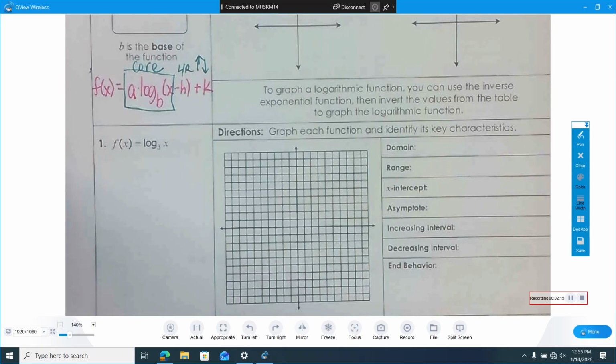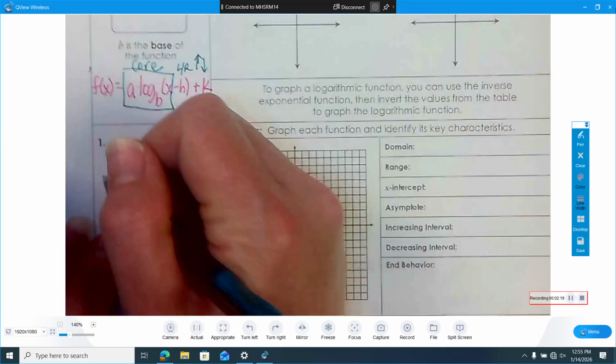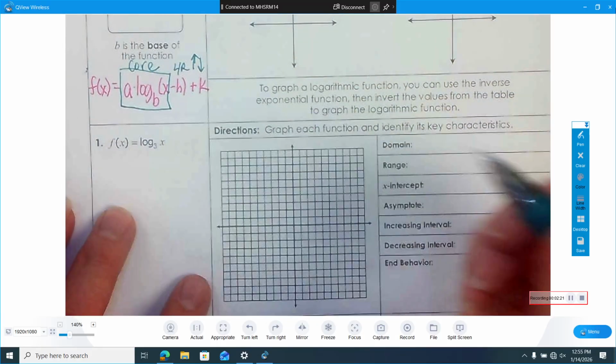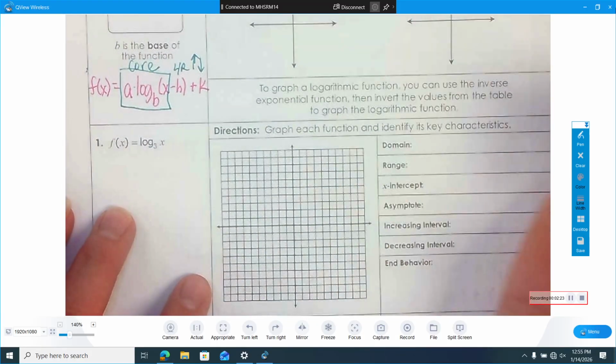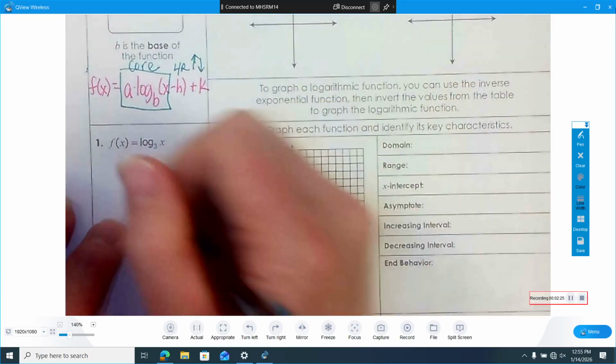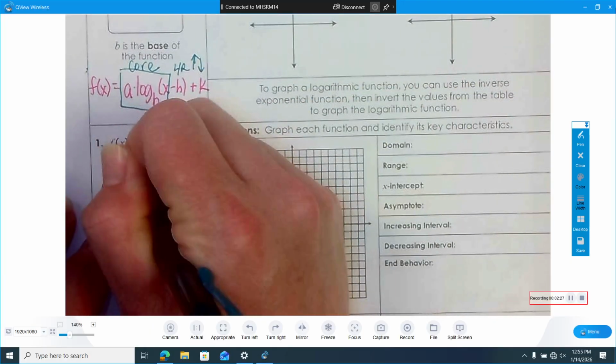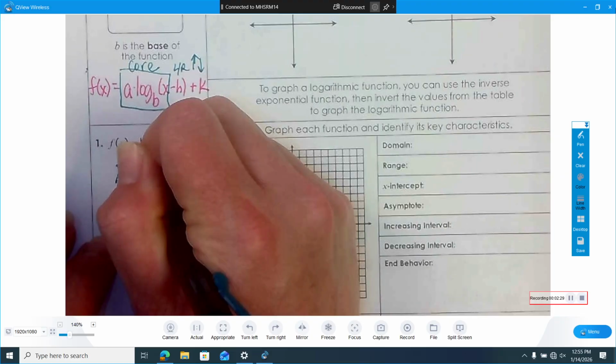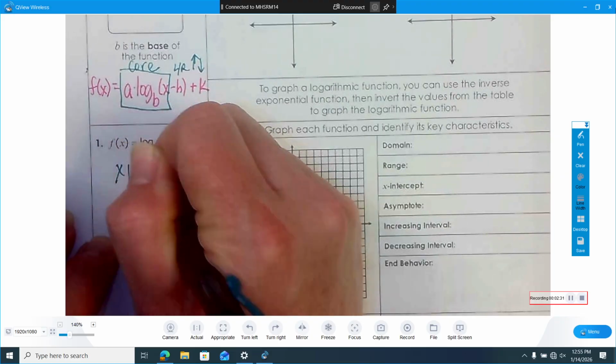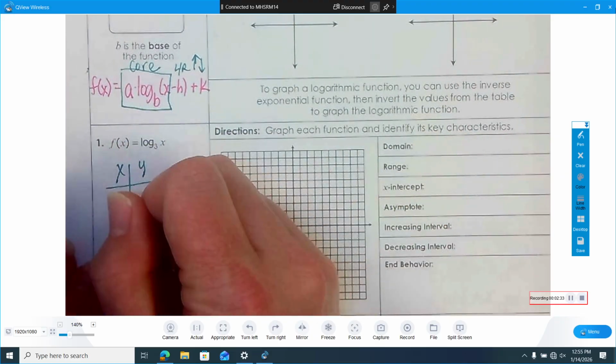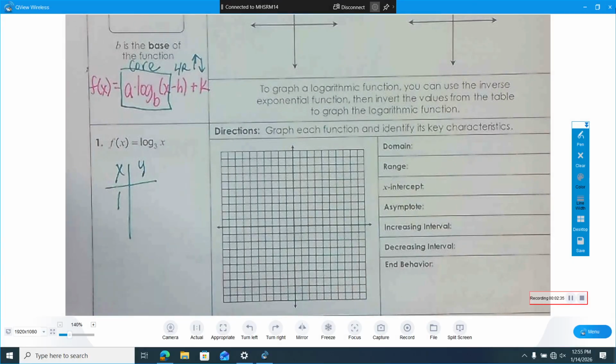Now, log functions, it turns out, are really easy to graph using some very specific values. Anytime you have a basic log graph, we are going to use, for our x values, the log of 1. Because what's the log of 1? 0.